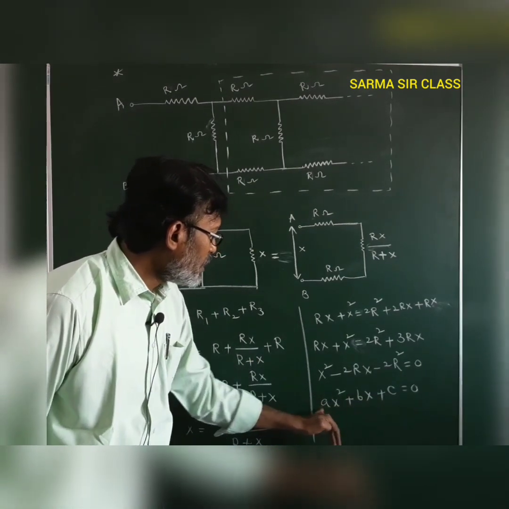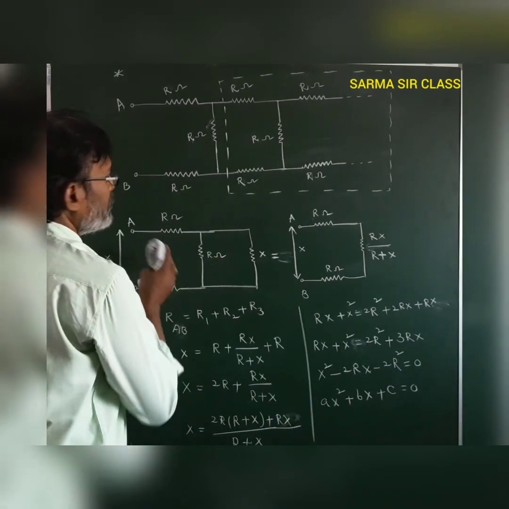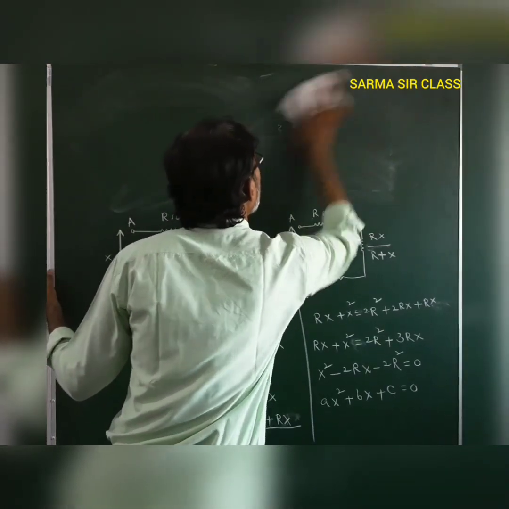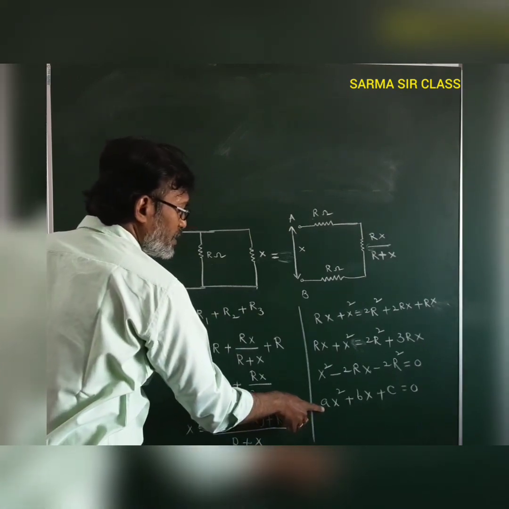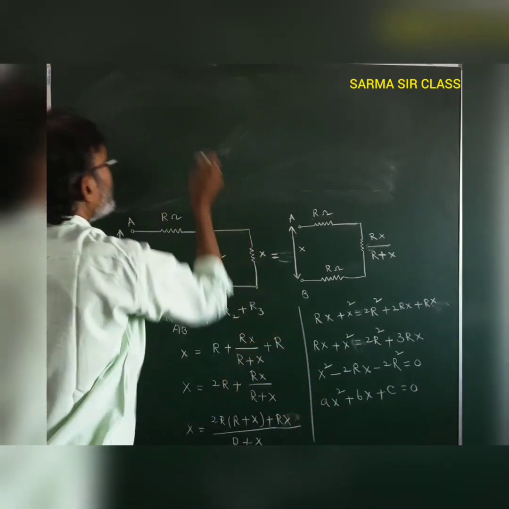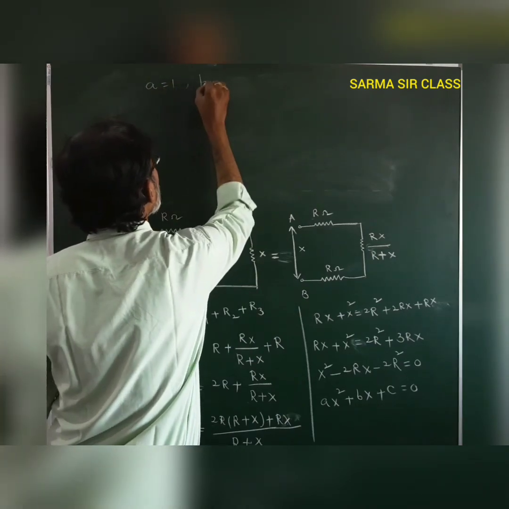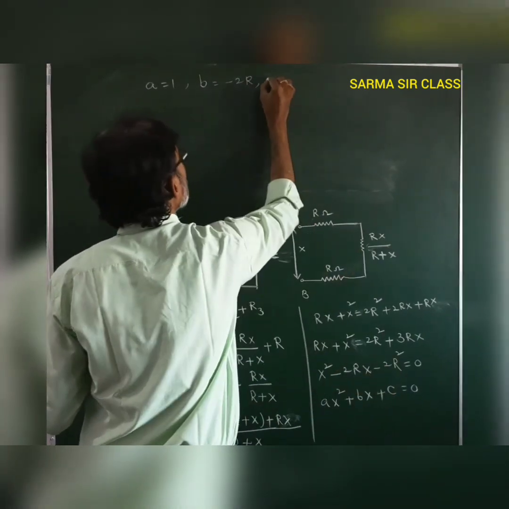Compare these two: a is equal to 1, b is equal to minus 2R, and c is equal to minus 2R square.